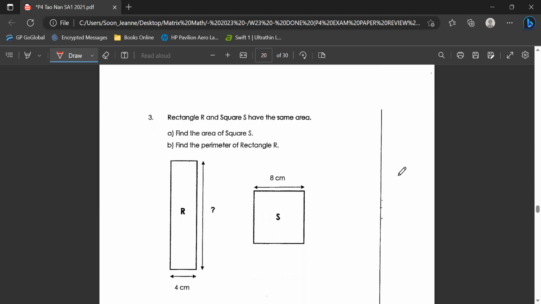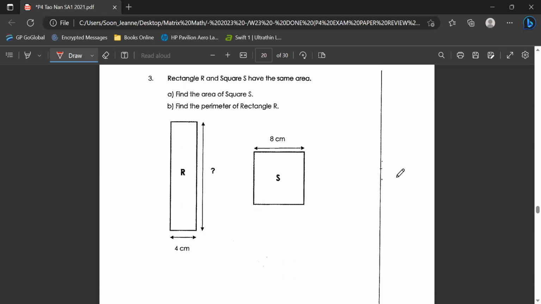Question number 3. Rectangle R and square S have the same area. A, find the area of square S, and B, find the perimeter of rectangle R. So very simple. If you look at this, square S, how do we find the area of S? If you still remember P3, you learned area is length times breadth.